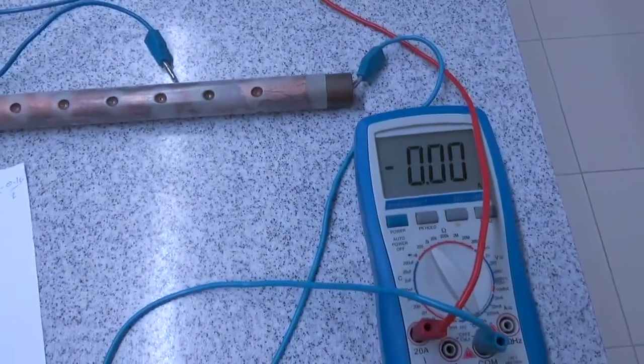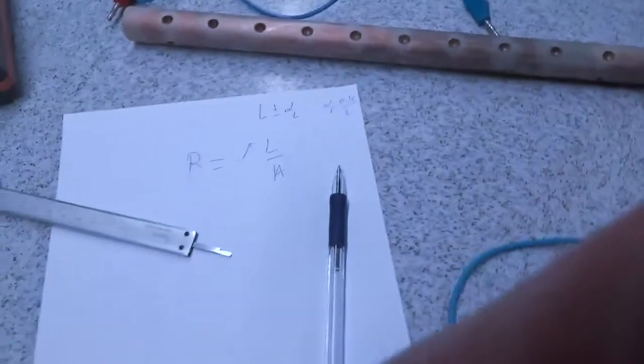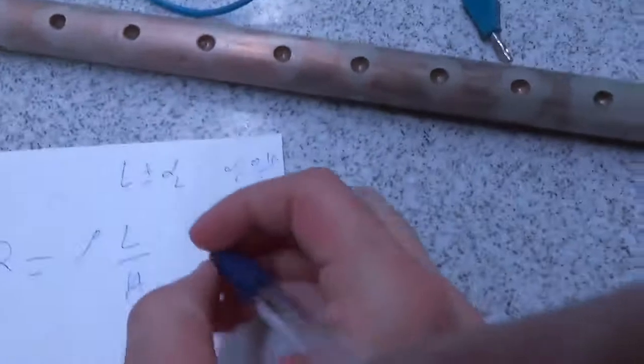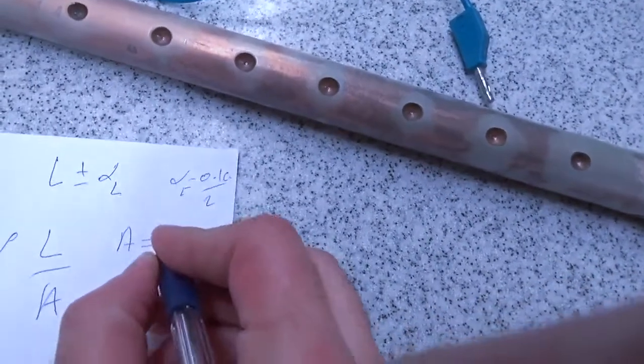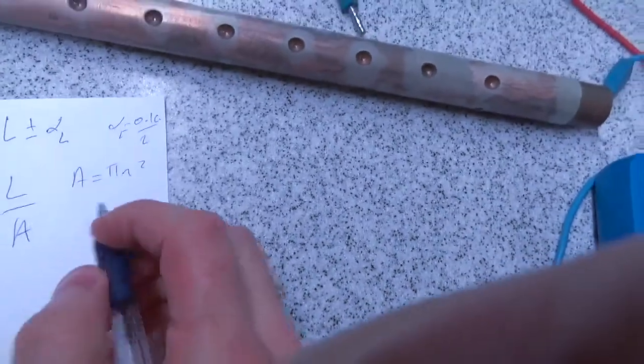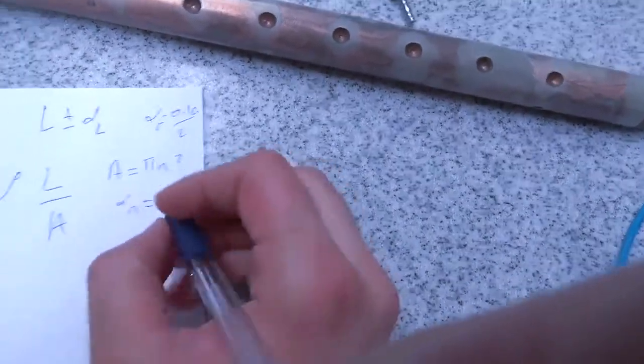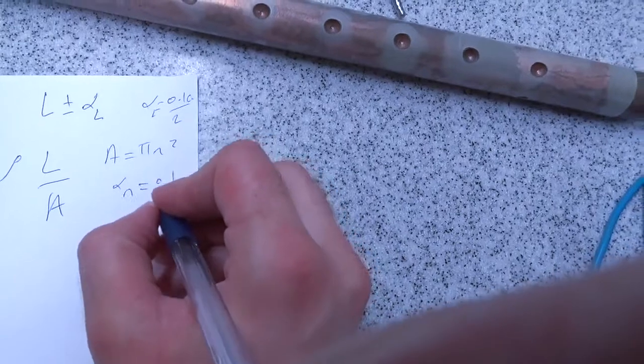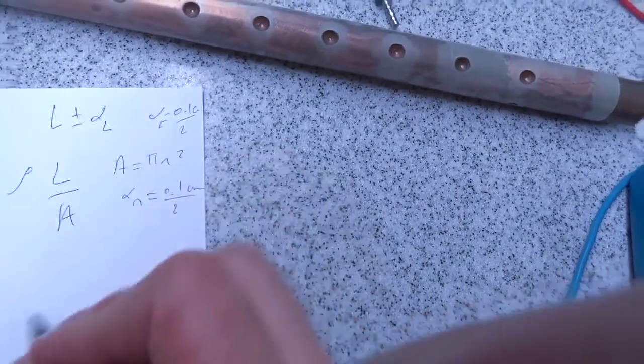So we have a diameter of 2.5 centimeters for the copper rod. Having the diameter, the cross-sectional area is going to be A equal to pi r squared, and since the area was determined manually, we have an error on the area, which is also the least subdivision, 0.1 centimeter over 2.